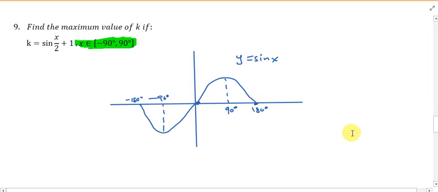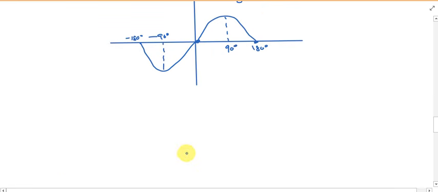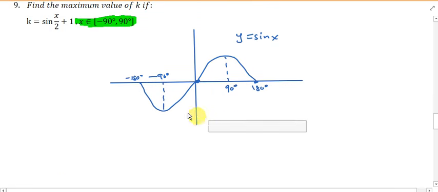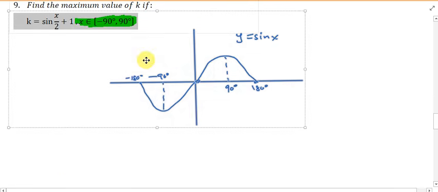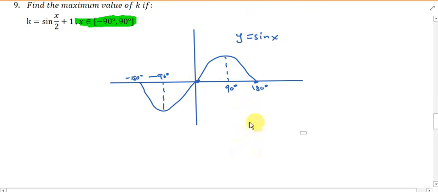Now if I change this to y is equal to sine half x, not 2x, then these points will now become, let's copy this just to show you what type of graph we will get.